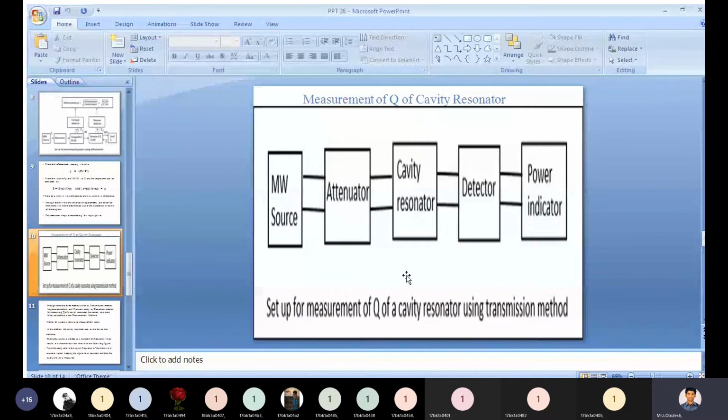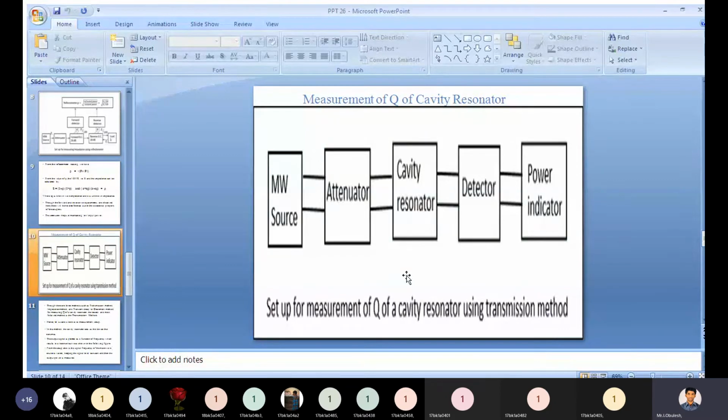In this method, the earliest and most followed method is the transmission method only. Hence, let us make a setup like this figure. The cavity resonator acts as the device that transmits.